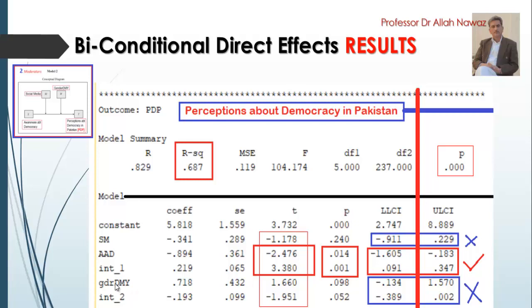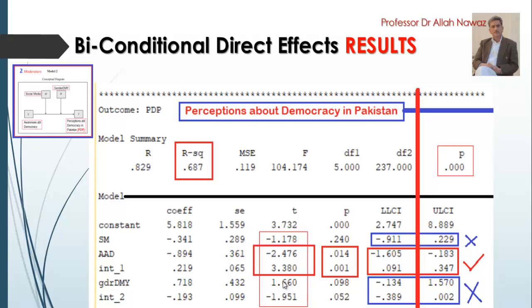However, the next two variables, gender and its interaction term 2, which refers to the multiplication of gender with the x variable. So gender and its related interaction term have coefficient values of 0.71 and 0.19 respectively.